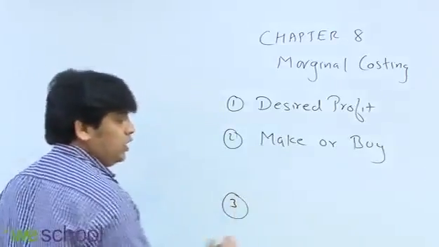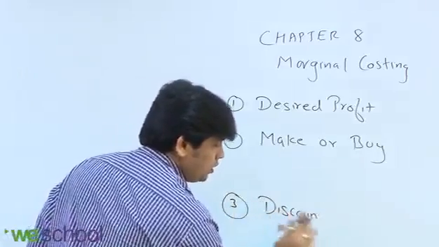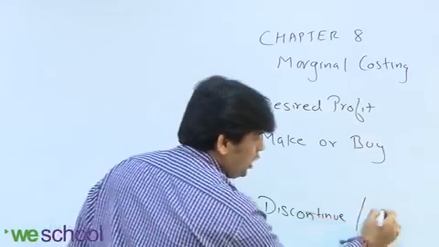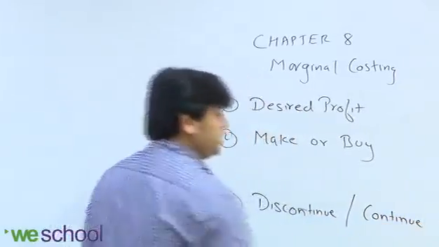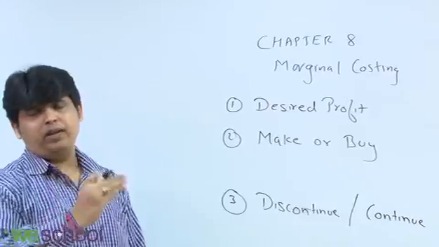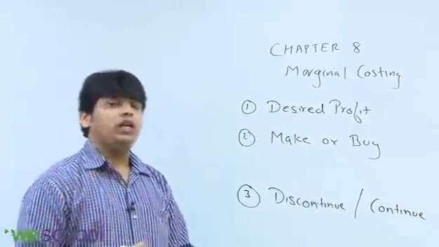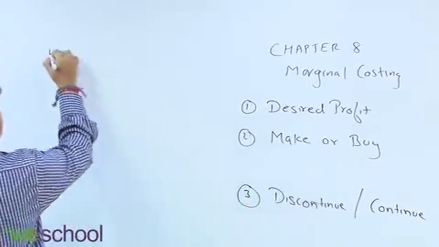Third, should I discontinue or continue my existing unit? Which product segment, which line of product should I discontinue or continue or increase the production? All that decision also can be taken with the help of marginal costing techniques.